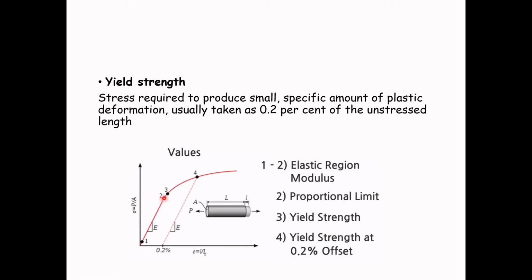At around point 2 things start to fall over. Here we have linearity from point 1 to point 2, but after point 2 things start to change. We have reached the proportional limit where the slope has changed, and at point 3 we reach the yield strength, where the material starts yielding the whole way across the region up here.